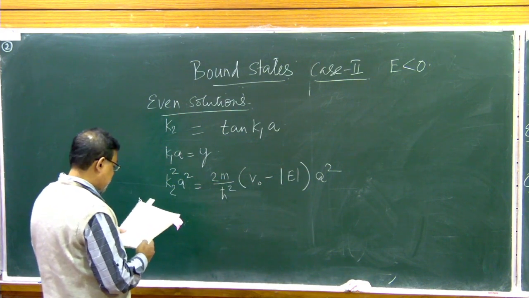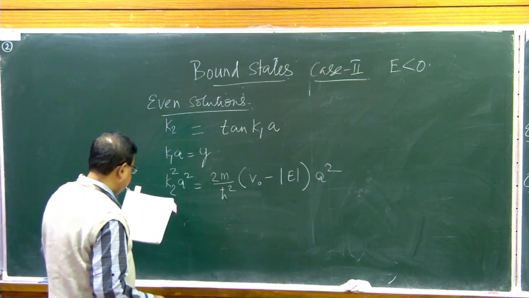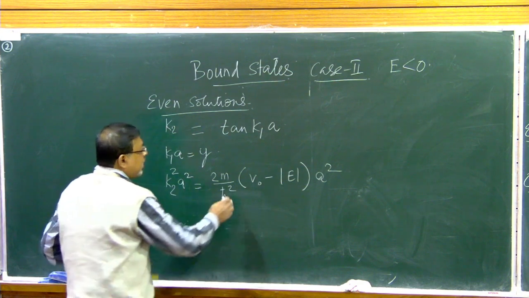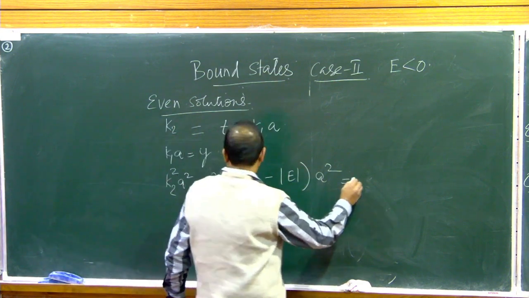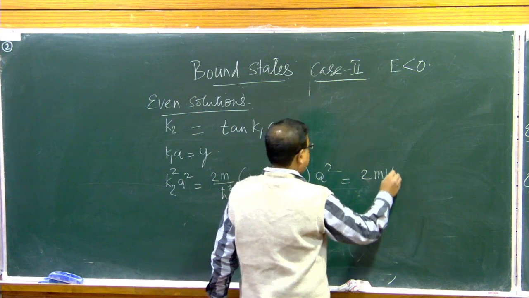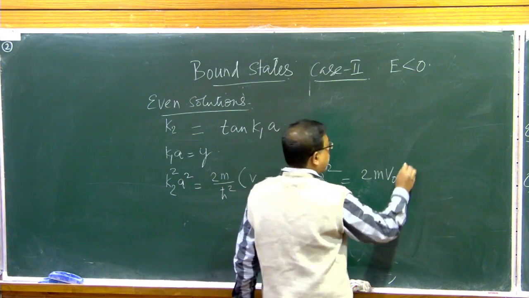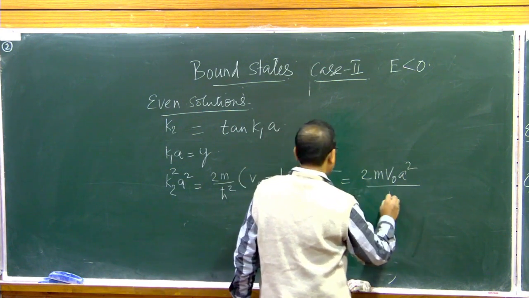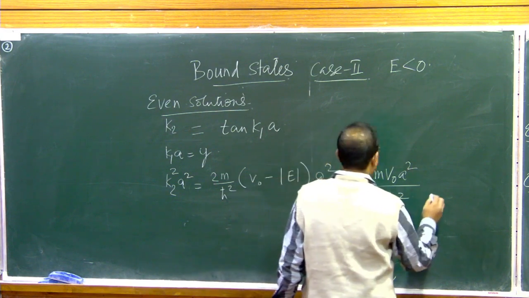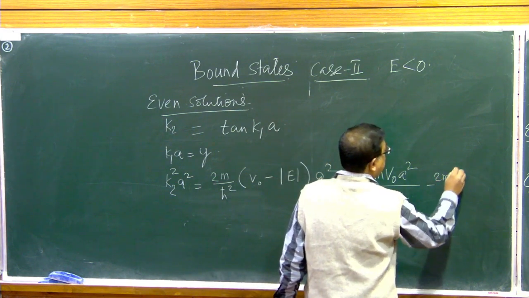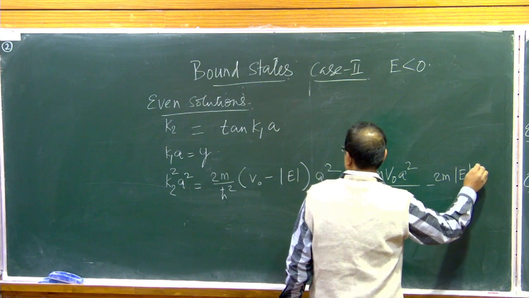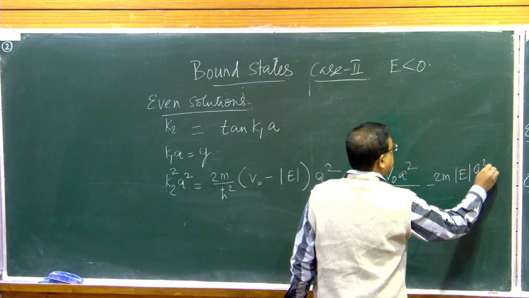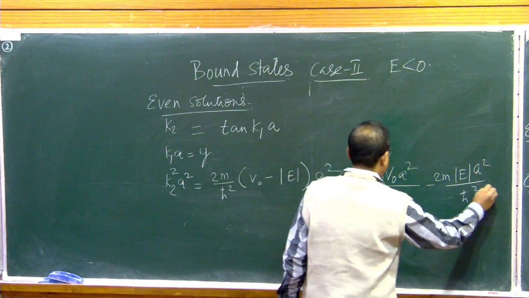And if you separate it out, then it becomes 2m V0 a square by h cross square minus 2m E a square by h cross square.